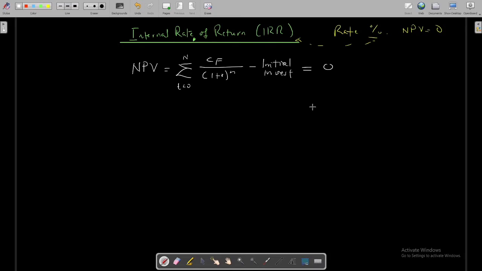So this is the basic definition of the internal rate of return.